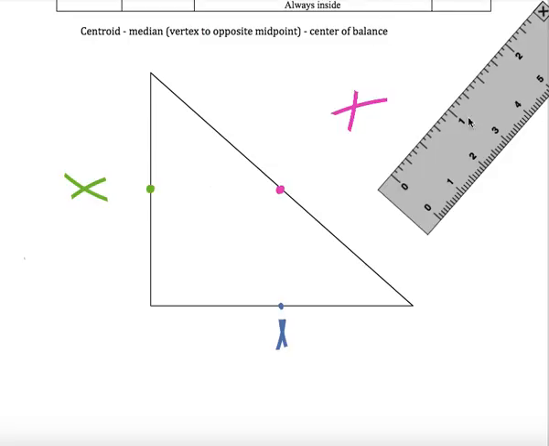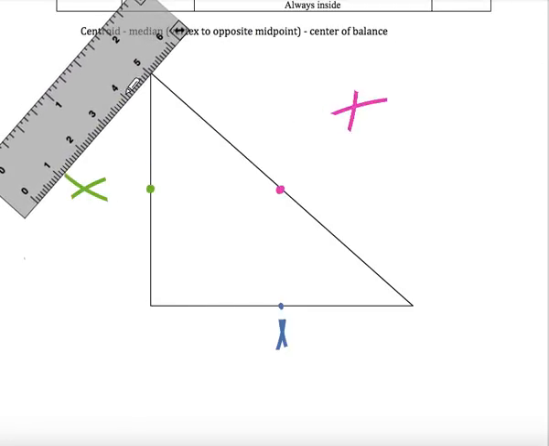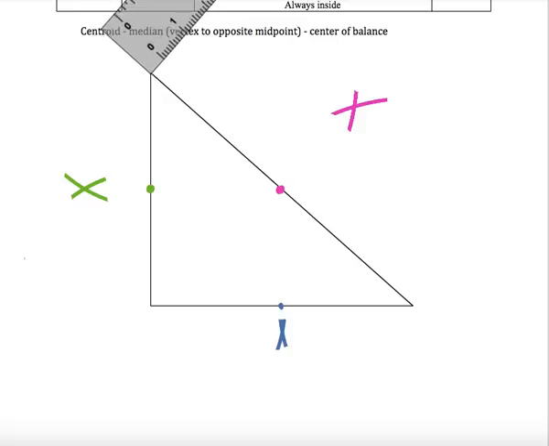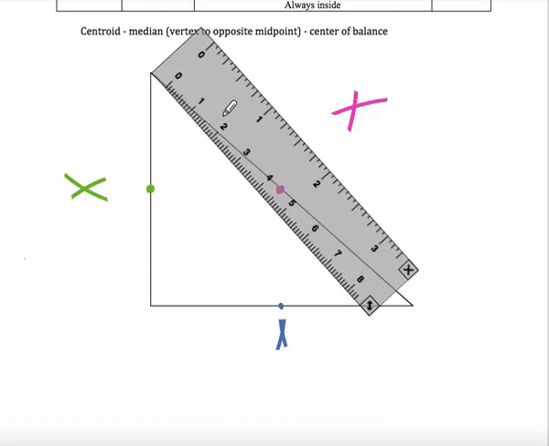So first, let's work with this midpoint that has the blue marking. And the blue marking is across from this vertex up here. So I want to line up my straight edge with that midpoint and the opposite vertex.